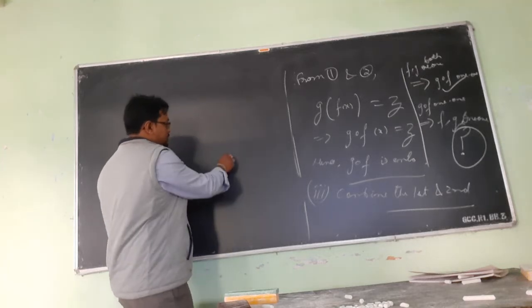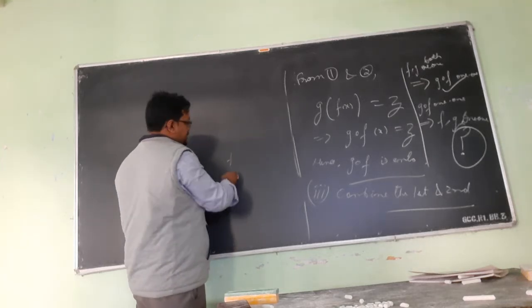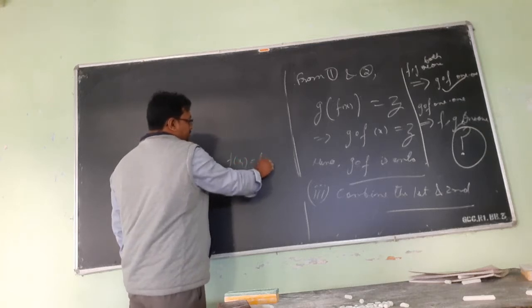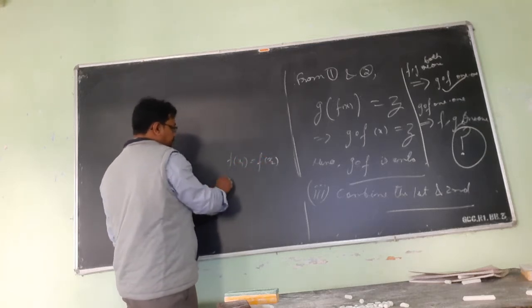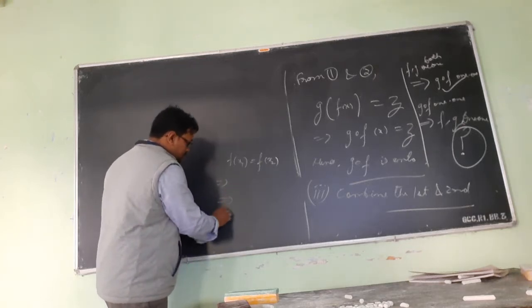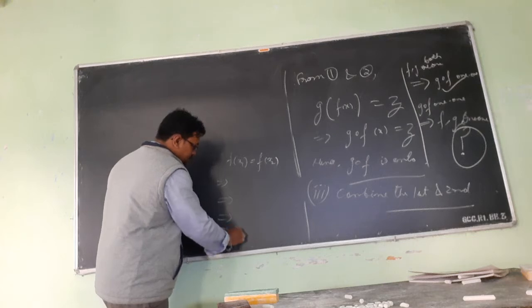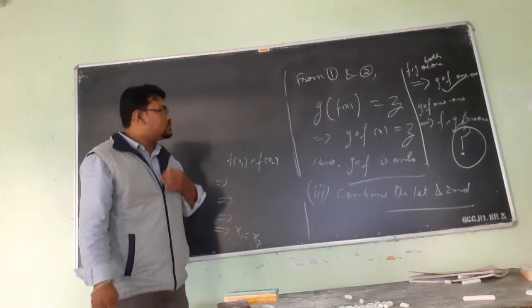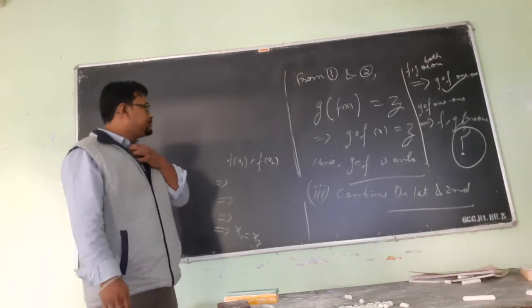gof is one-one. So then let us test whether f is one-one or not. So if I have something like f(x1) equal to f(x2), from here can I write x1 equal to x2 after some steps, using the fact that gof is one-one?